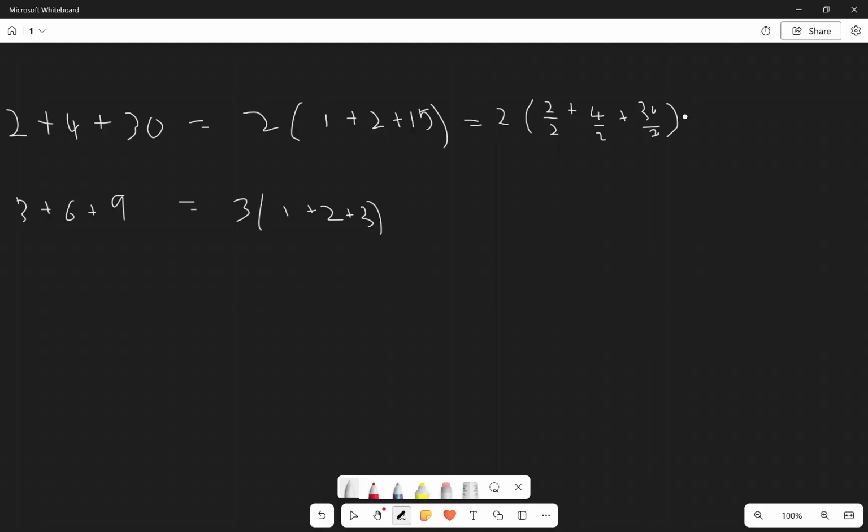If you simplify this, you get the final answer: 2 times (1 plus 2 plus 15).